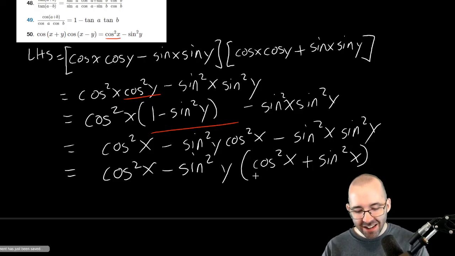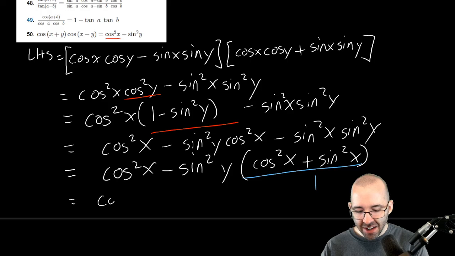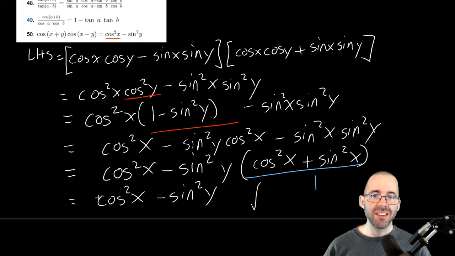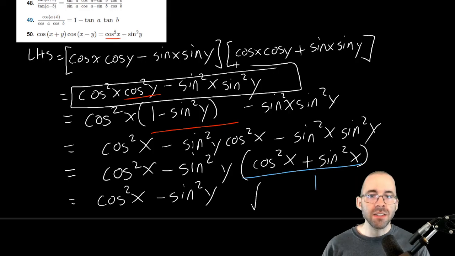What is that? That's 1. What's left over? Cosine squared of x minus sine squared of y, just like we wanted. Okay? So this right here is the trickiest step.